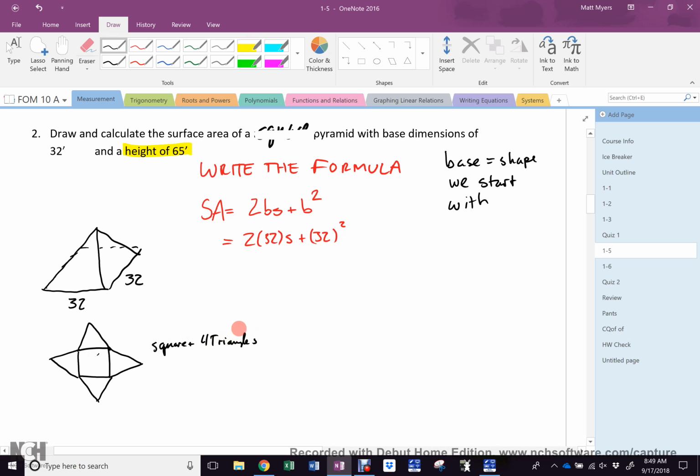Right? And if we were doing grade 3 math, it would be length times width plus 4 base times height divided by 2, right? And that 4 and 2 would do what? What would happen with that 4 in the numerator and that 2 in the denominator?